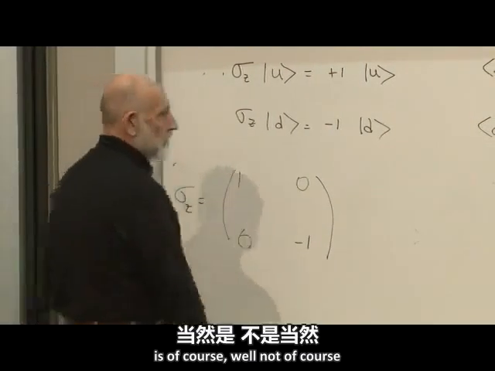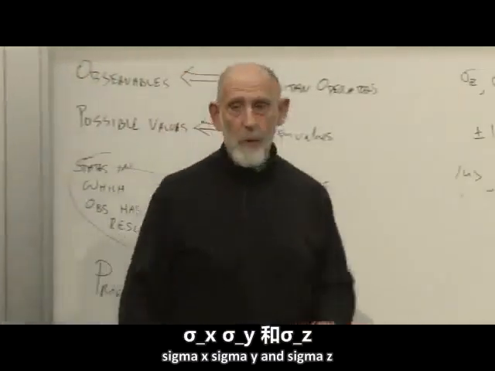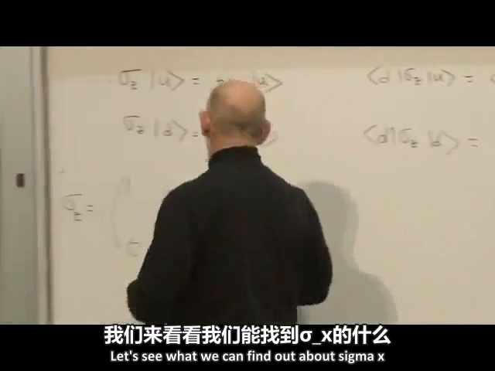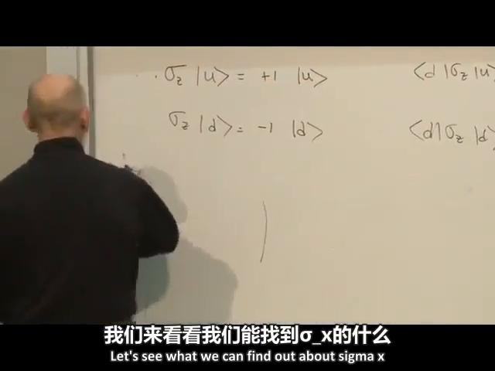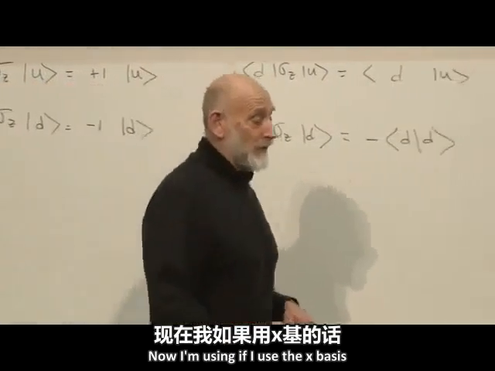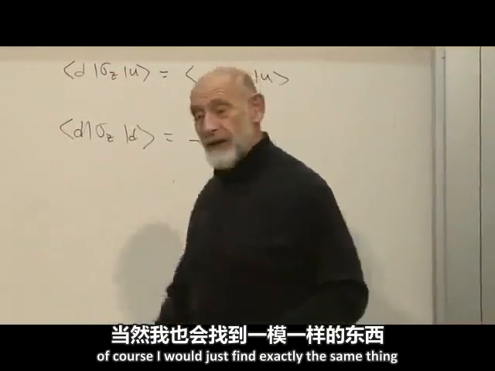These are called the Pauli matrices: sigma x, sigma y, and sigma z. Let's see what we can find out about sigma x. If I used the x basis, the basis of left and right, I would of course find exactly the same thing.